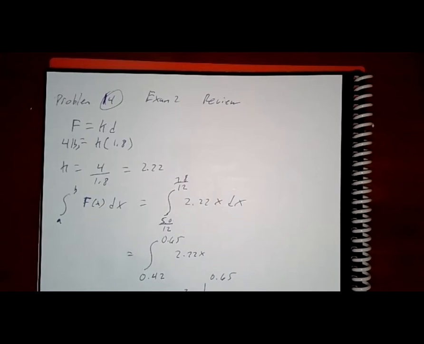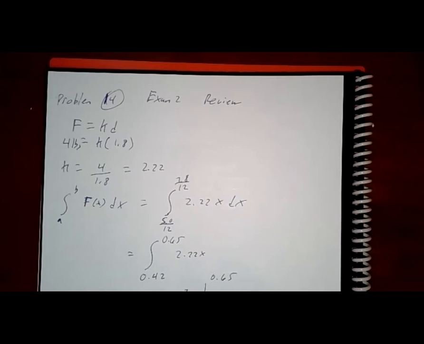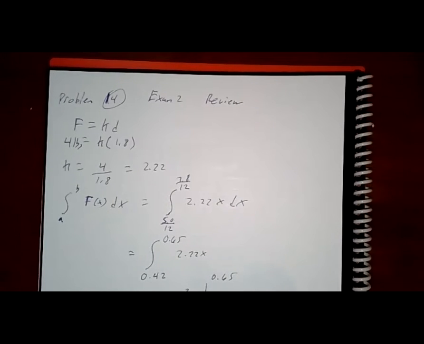Let's see if I didn't forget anything. 0.65 squared over 2 minus 0.42 squared over 2.